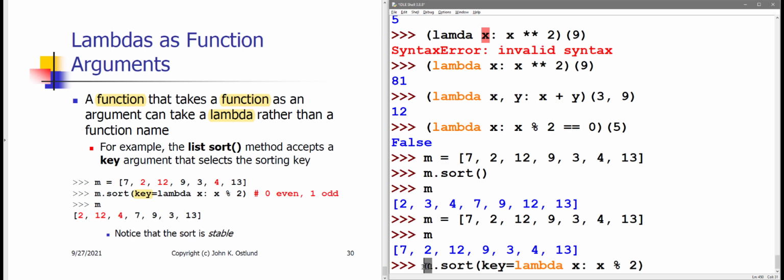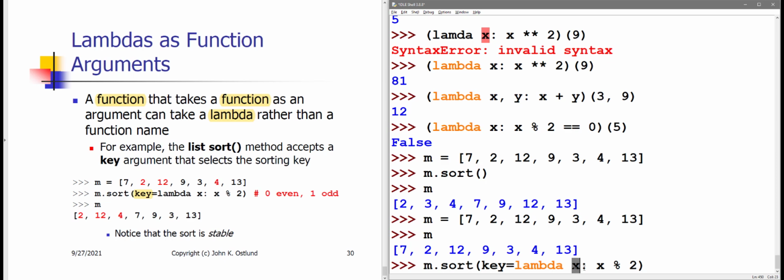So m contains these values, 7, 2, 12, 9, 3, 4, 13. And as the key by which I do the sorting, I'm going to apply to each one of these values in the list m this lambda. So I'll take the value 7, for example, and I'm going to sort that as though the value is 7 mod 2, which is 1.